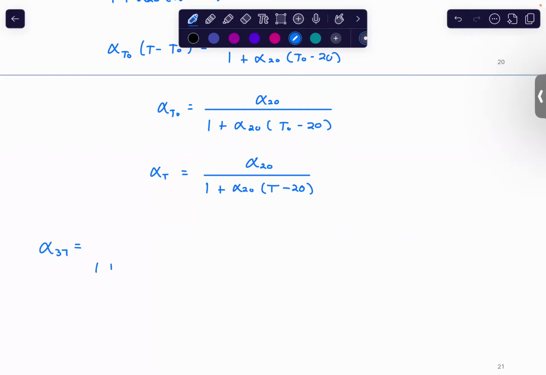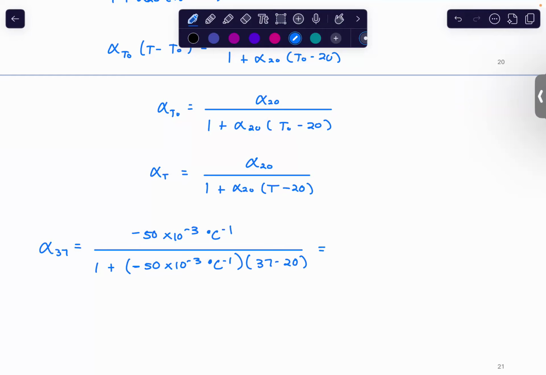So let's see, 1 plus our alpha at 20 degrees. We have 37 minus 20. On the top, we have our negative 50. So when we calculate this, alpha is going to be a negative 0.333 inverse degrees Celsius. So now we have a new alpha that we can actually plug back into our original problem.